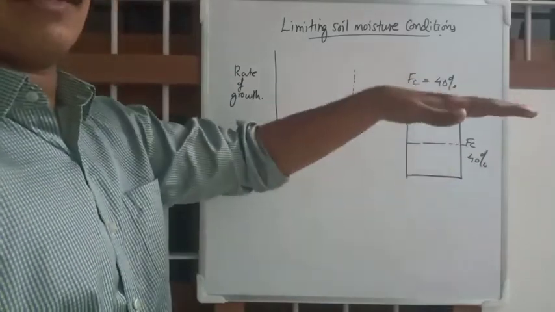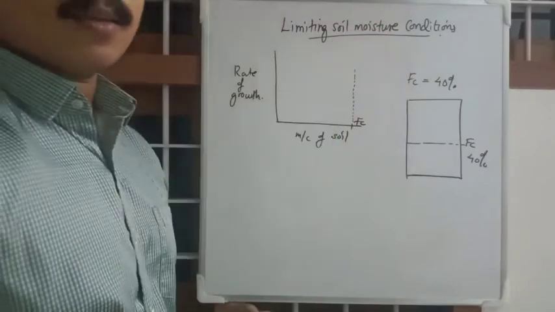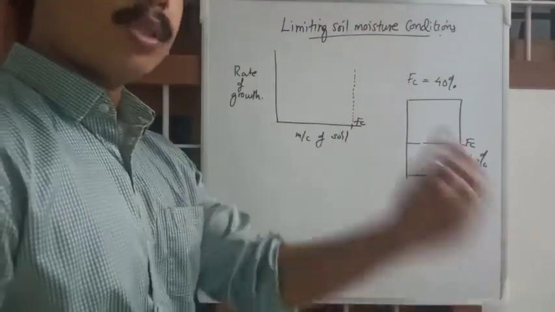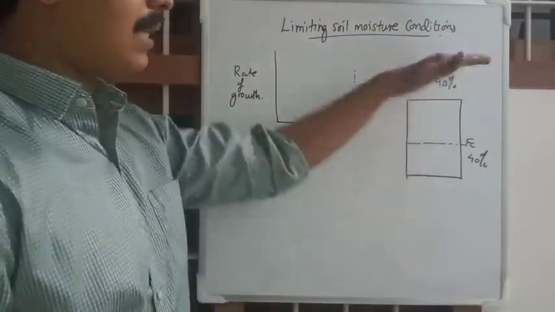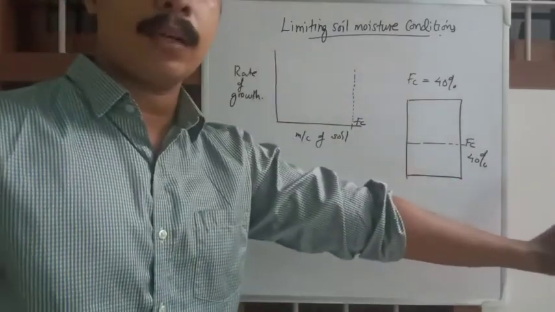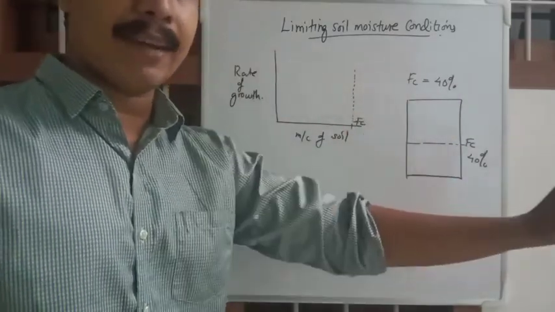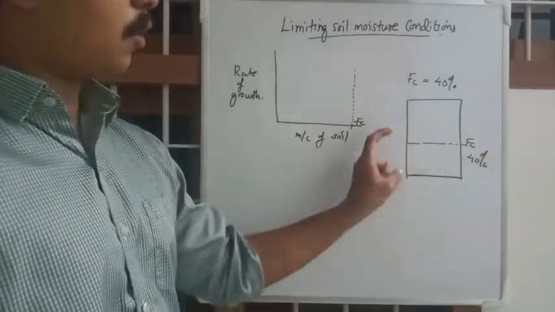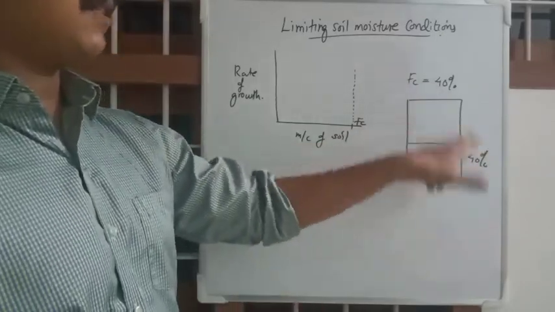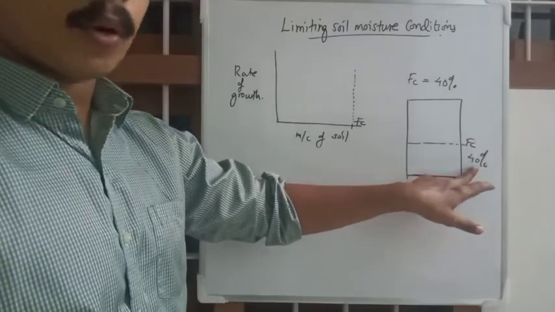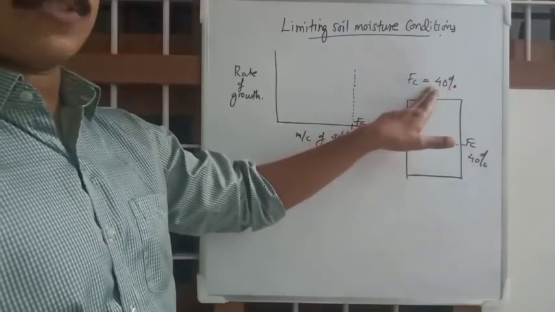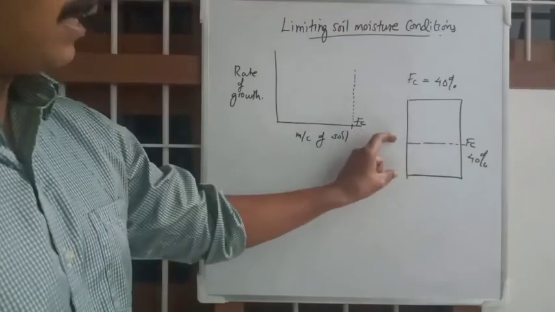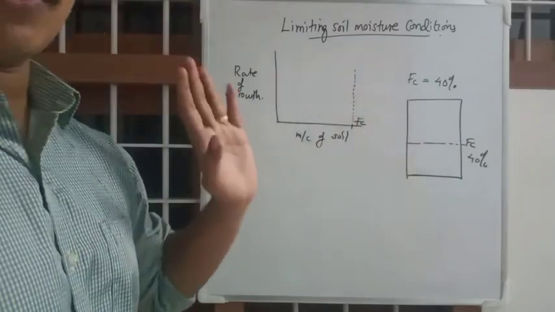It is the higher limit of moisture content that can be used by plants. More than that will be drained by what? Gravity. It will be drained by gravity. So till FC, plants can use. If suppose it is 40%, we will be filling the water till 40% only.